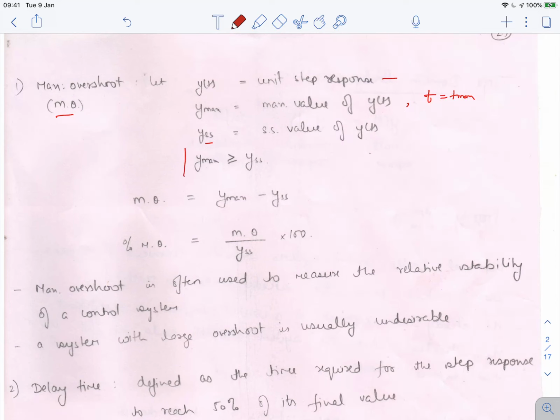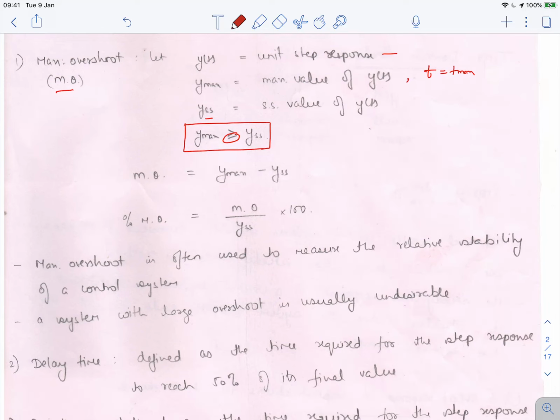The maximum value of the signal is always greater than or equal to y of ss. We will see in the first order system analysis why the equal sign comes, while for higher order systems most of the time y max is greater than y of ss.